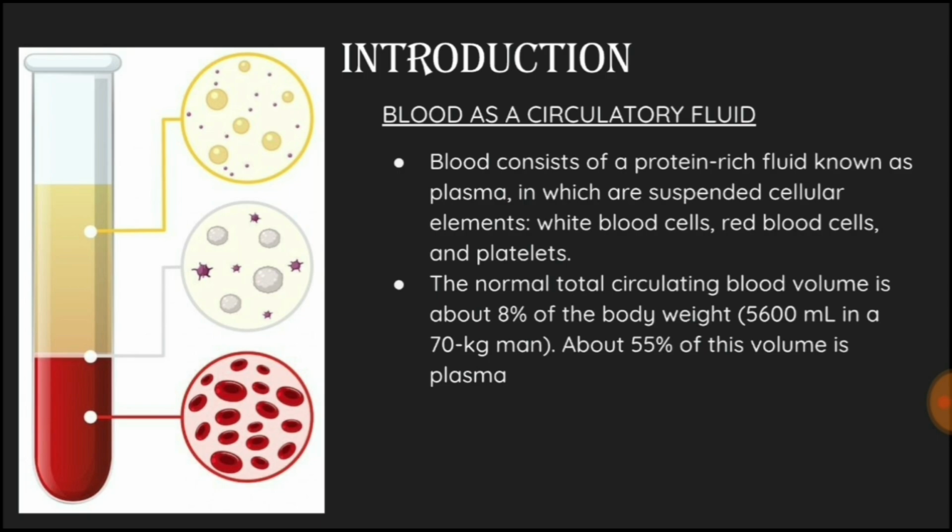The total circulating blood volume inside the body is around 8%, which is around 5600 ml in an average 70 kg man. So 8% of his body weight is composed of the blood volume.